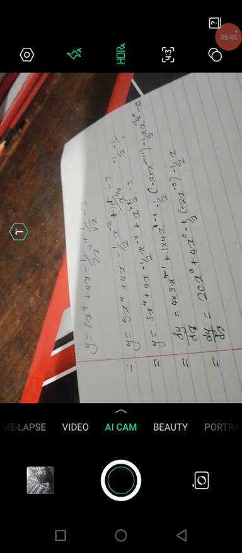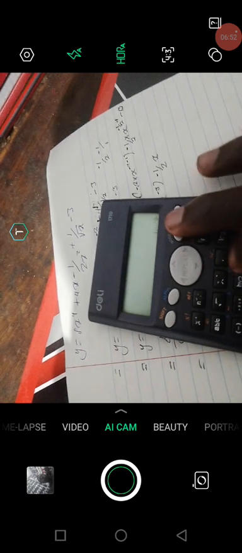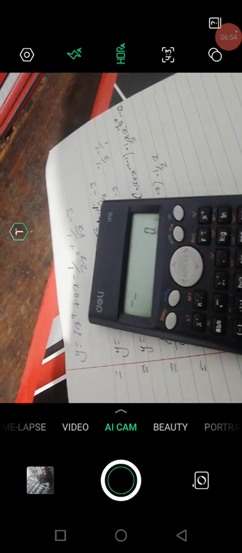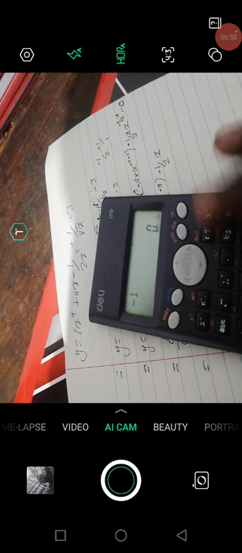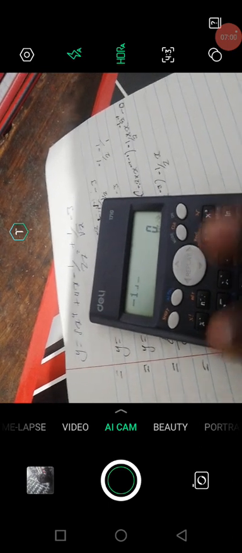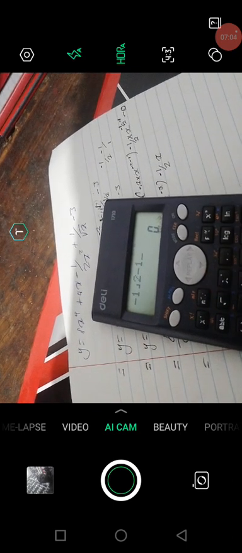To avoid that, calculators are being allowed, so just say, for the sake of time, negative 1, put special division, divide by 2 minus 1. What's your answer?